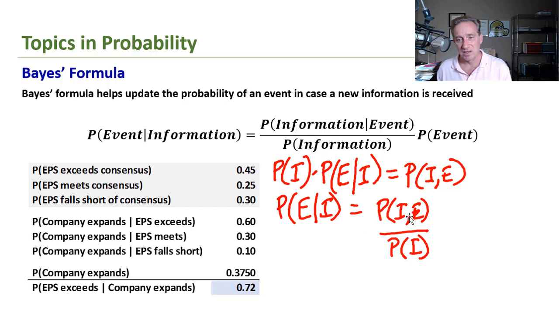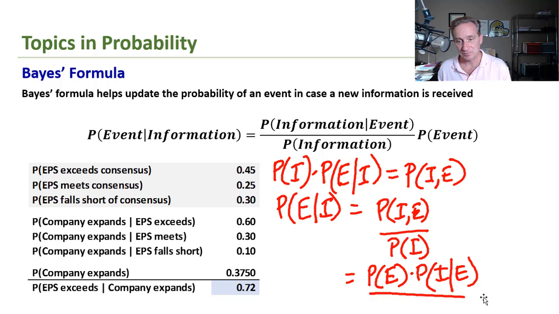And now we just expand on the numerator as itself a joint probability, but we approach it in the other direction as the unconditional probability of an event multiplied by the conditional probability of information given the event, divided by the same denominator, the unconditional probability of the information.